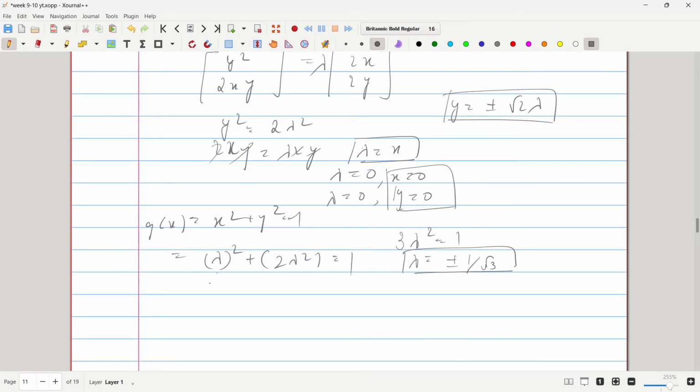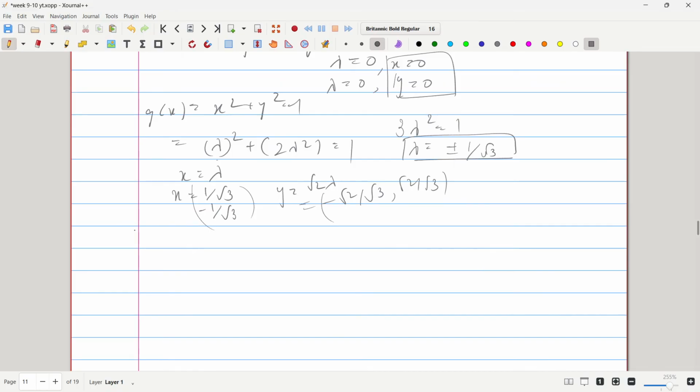And x is equal to lambda, so x can be 1 by root 3 or minus 1 by root 3. y is root 2 lambda, so y can be minus root 2 by root 3 or root 2 by root 3.